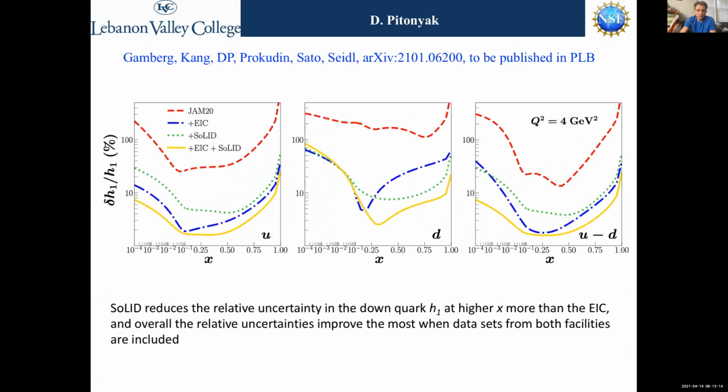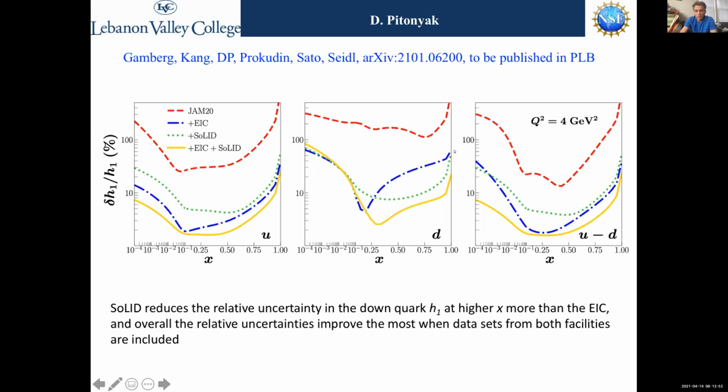So we added both data from SoLID and electron-ion collider in our analysis, and compared to the base fit, which is JAM20, that shows here the percentage of error for up quark, down quark, up minus down quark transversity. And the impact for EIC is in blue here, SoLID is in green here, and together is in gold. So the lower, the better the precision. So you can see that the large values of x for SoLID are important for d quark, for instance.